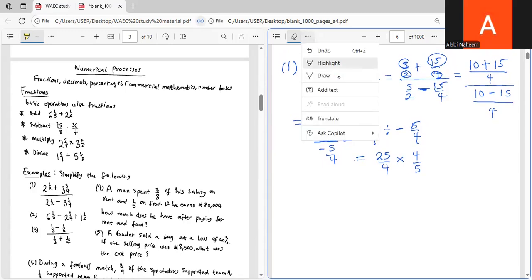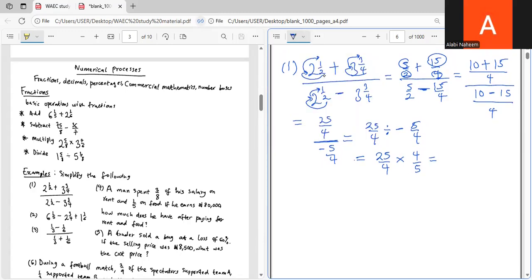So we move forward. There's a minus sign here. So 4 divided by 4, we have 1, right? 25 times minus 1 is minus 25. And 1 times 5 is 5. Remember we said if you want to multiply two fractions, you multiply numerator by numerator, and also the number at the bottom by the number at the other bottom.